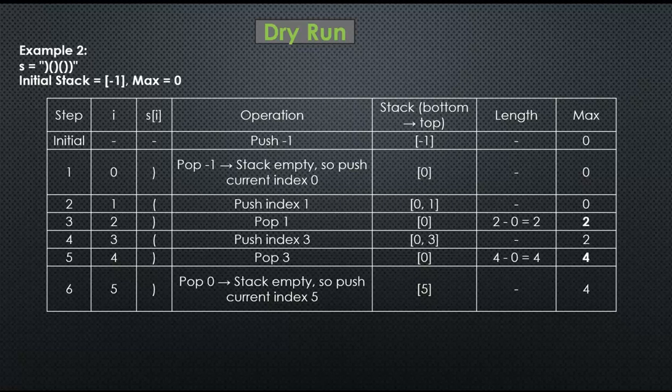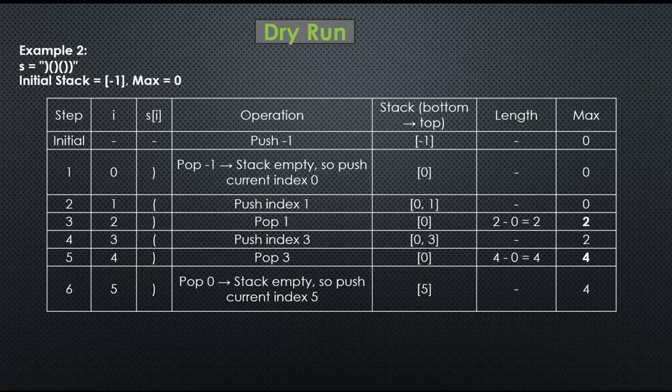Step number 1, for i equal to 0, the first input is the close parenthesis. If it is close, I pop the topmost element. So -1 is popped out. Stack becomes empty. If the stack becomes empty, I should push the current index. Current index is 0. So now the stack becomes 0.